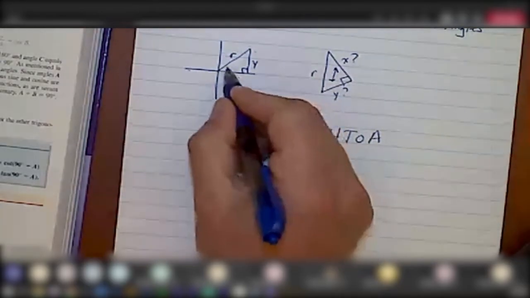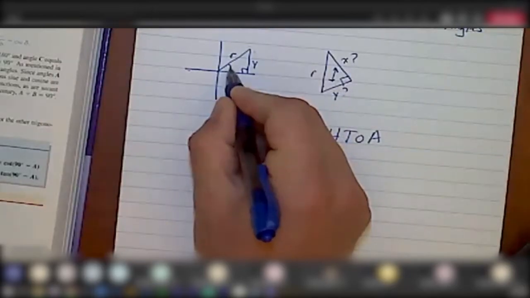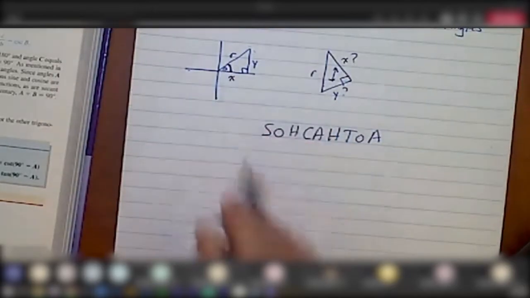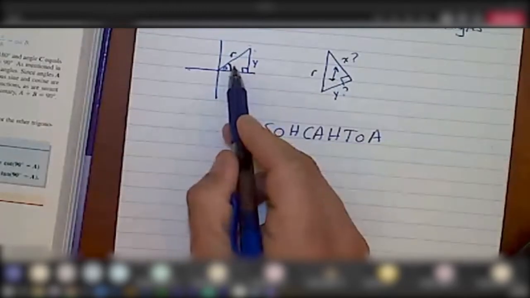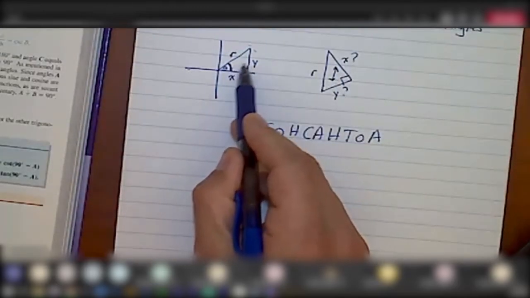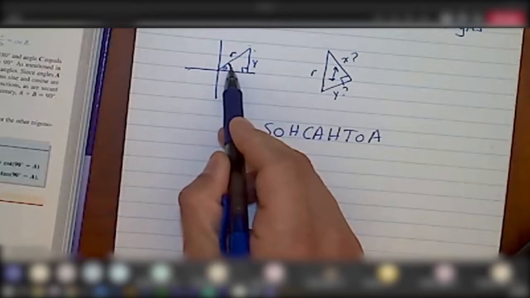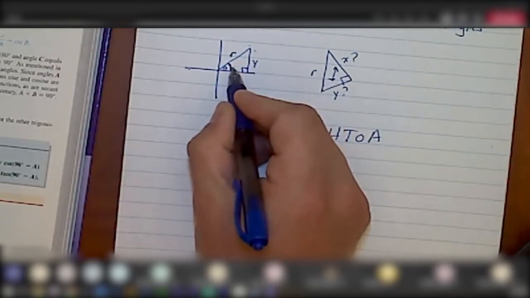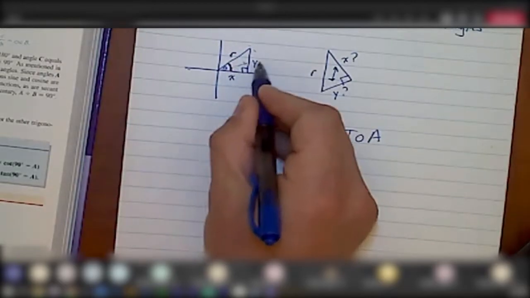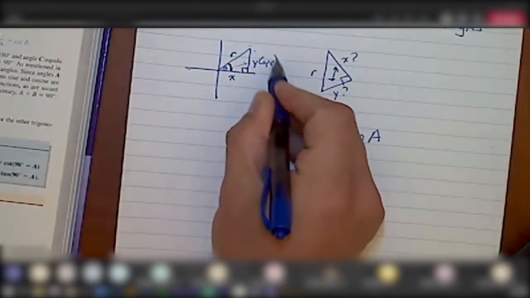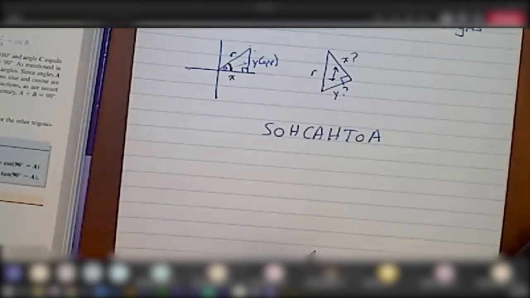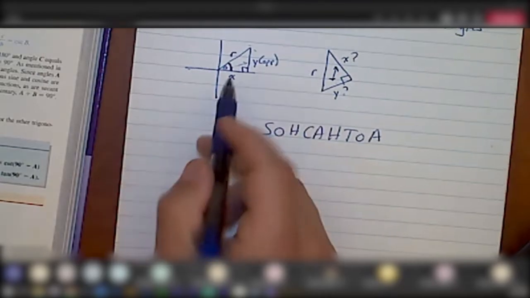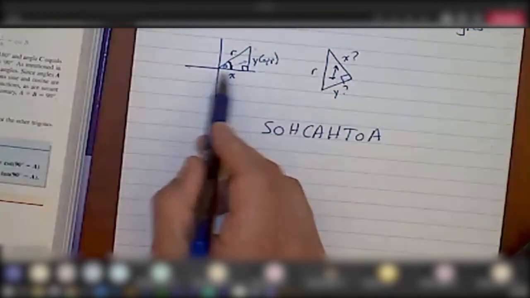If I wanted to find this angle right here, we used to call this the Y side, but now, based upon the angle we're looking at, we're going to call this the opposite side. This used to be the X side of the triangle.